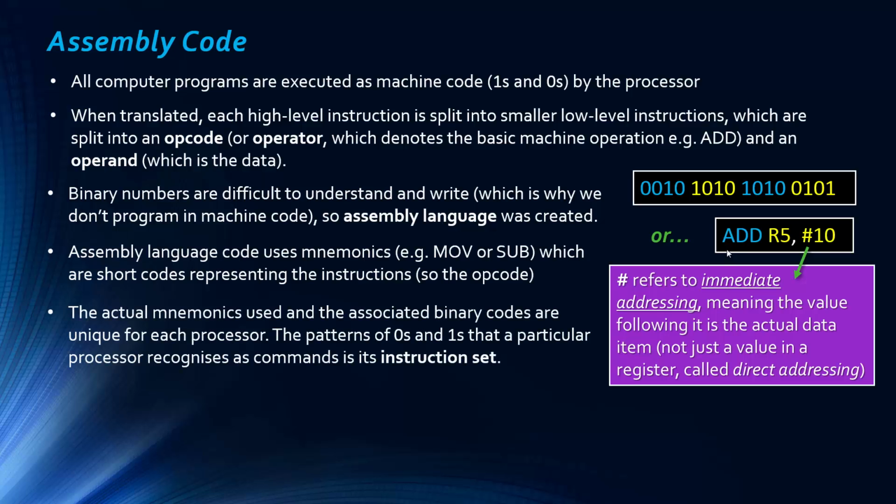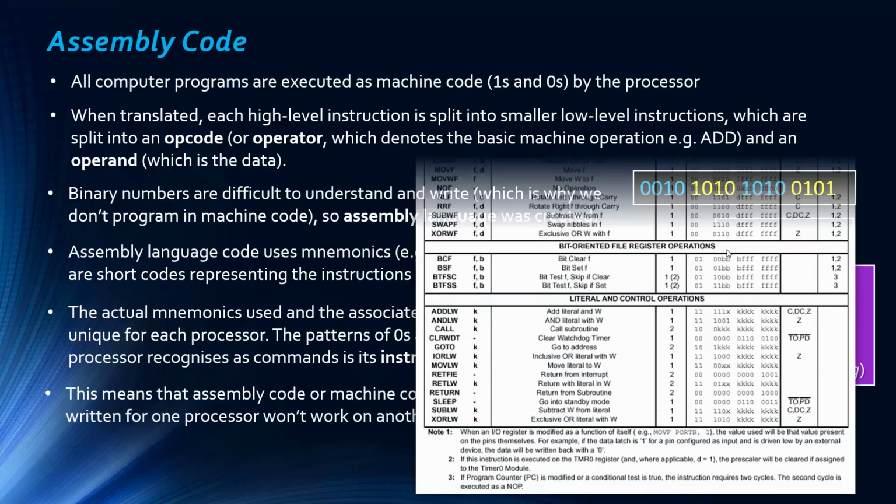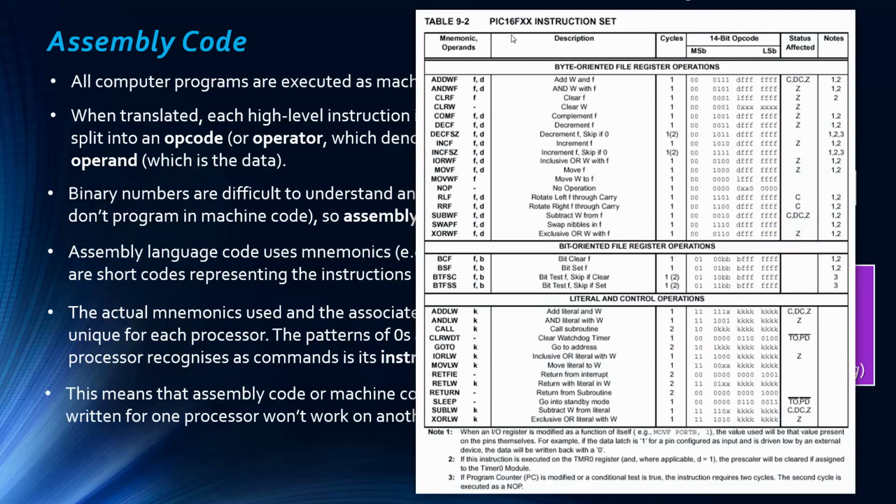The actual mnemonics used and the actual binary codes are unique for each processor, so this is really important. The patterns of zeros and ones that a particular processor recognises as commands is its instruction set. So an instruction set is basically this. This is for a different processor. The processor that the Edexcel exam's assembly code is based on is an ARM processor.